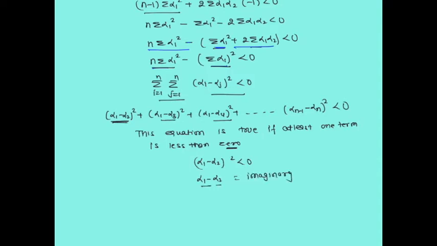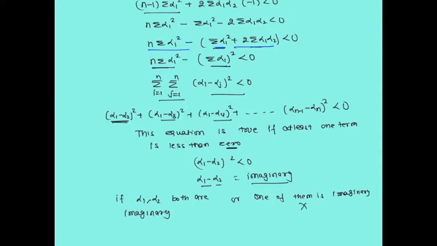Alpha 1 minus alpha 2 is imaginary if alpha 1 and alpha 2 both are imaginary, or one of them is imaginary.